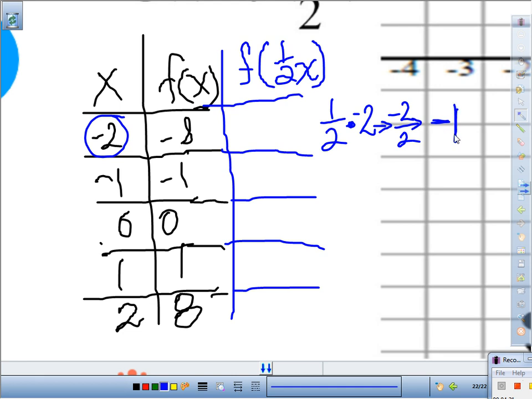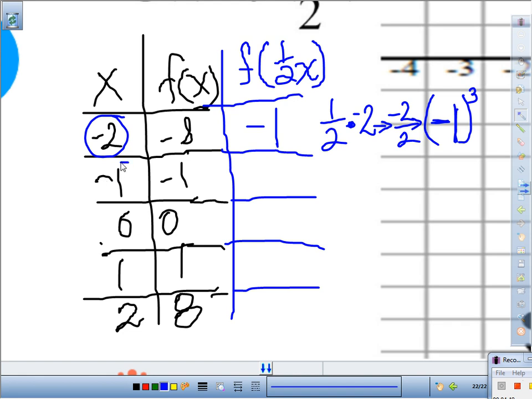Are we done? No. What's the overall rule? To the 3rd power, so this is -1, because -1 times -1 times -1 is -1. Any negative number to an odd power remains negative. Okay? All right, let's do the next one.